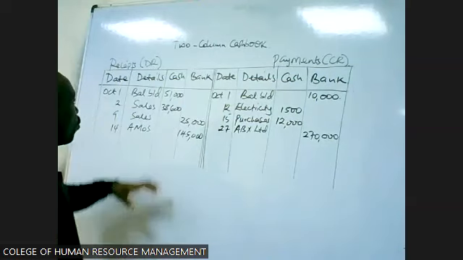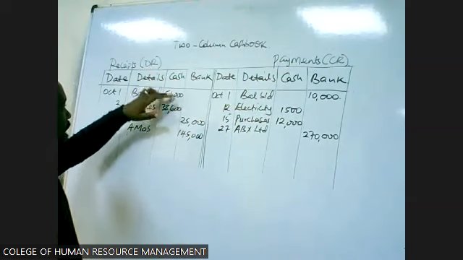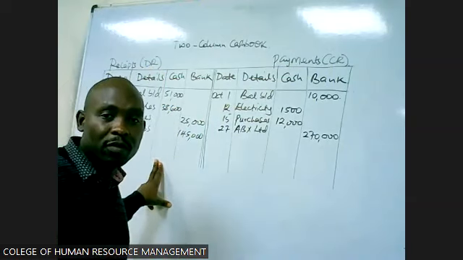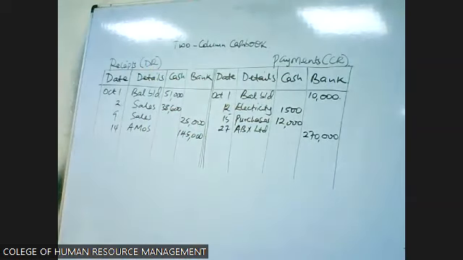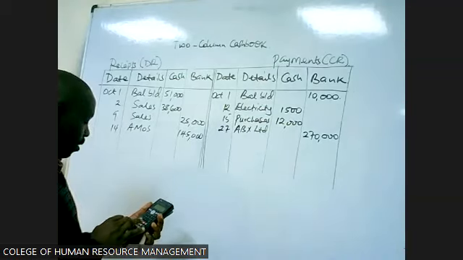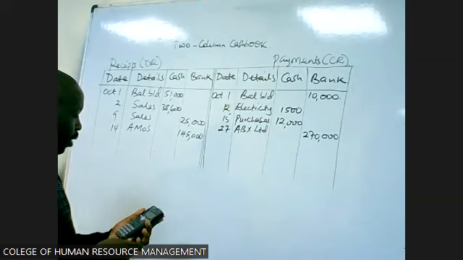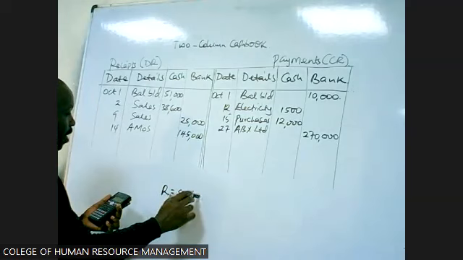So to do so, you add the total cash received. You add the cash column on this side, and get the total cash that was received in that period. Let me have my calculator. The total cash received will be 51,000 plus 38,600. The receipt is 89,600.